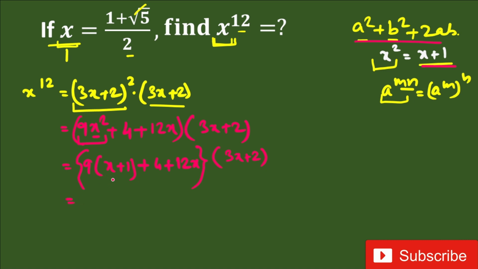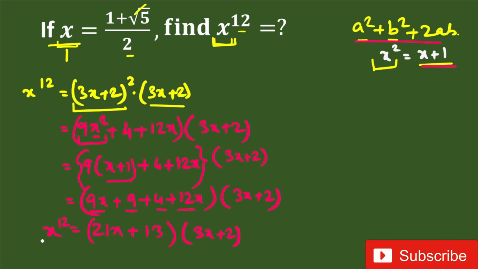So 9 multiplied by this value will be 9x plus 9, plus 4 and plus 12x, multiplied by 3x plus 2. Now 9x plus 12x is 21x. So we have 21x plus 9 plus 4, which is 13. And this term is multiplied by 3x plus 2. So this is the value of x raised to the power 12.